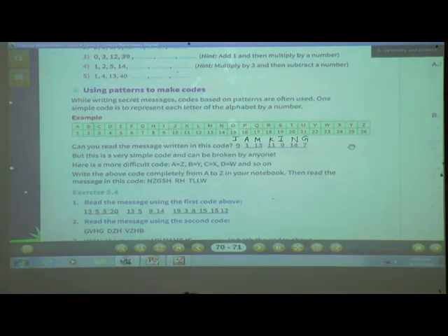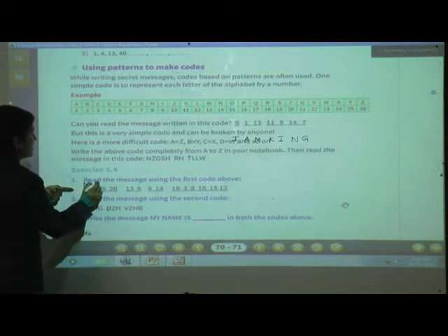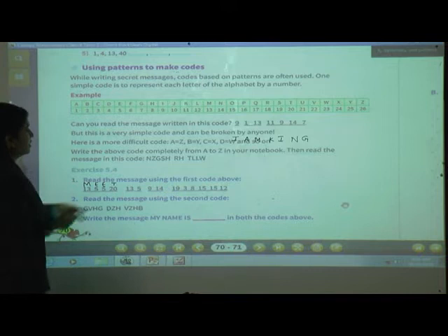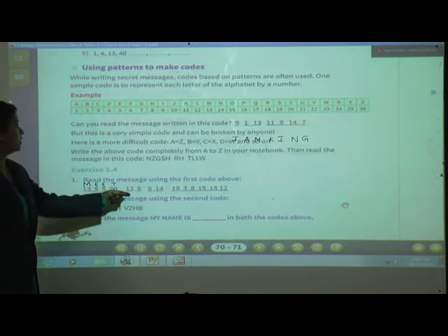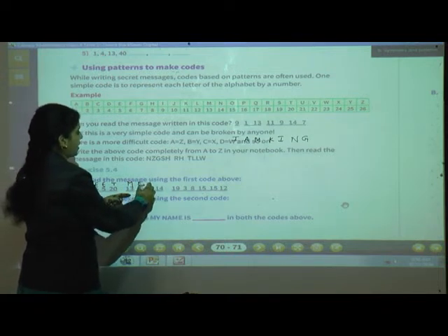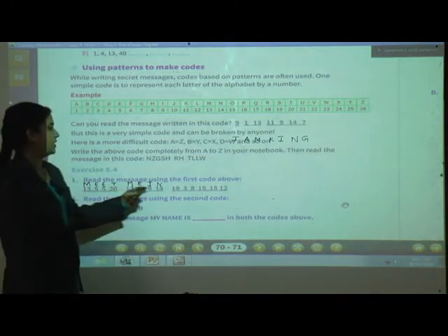Now here exercise 5.4. Read the message using the first code above. That means this rule we have to follow. So what is meant by 13 here? See carefully. 13 is M, 5 is E and 20 T. Here is meet. 13 again M, 5 E, 9 I, 14 N. Meet me in.